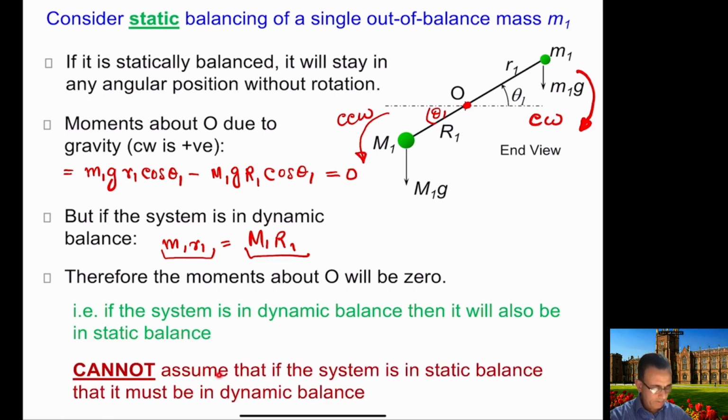But you cannot assume that if a system is in static balance, it will be in dynamic balance. You should always remember these points. If a system is dynamically balanced, it is balanced statically automatically. But if a system is statically balanced, you cannot assume that it will be balanced dynamically.